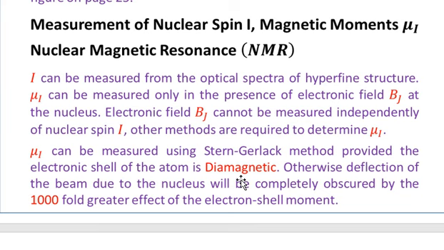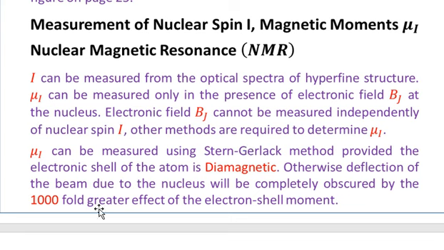That is, in the shells the electrons are completely paired, which means that the total spin of the electrons in the shells will be equal to 0. So mu I can be measured using the Stern-Gerlach method, provided the electronic shell of the atom is diamagnetic. If the atoms are diamagnetic, we can measure mu I using the Stern-Gerlach method.